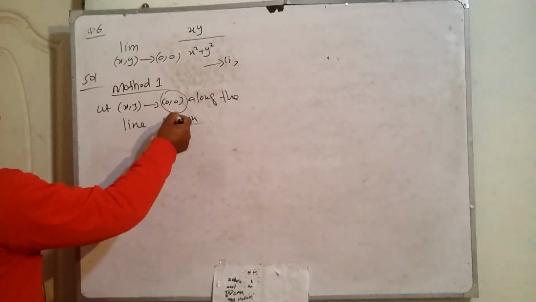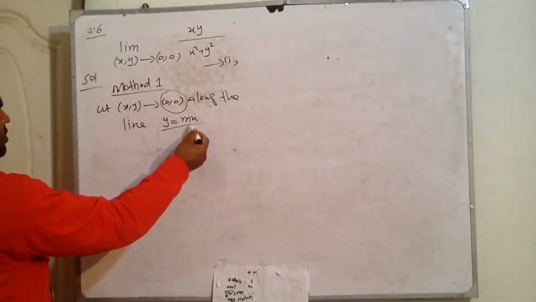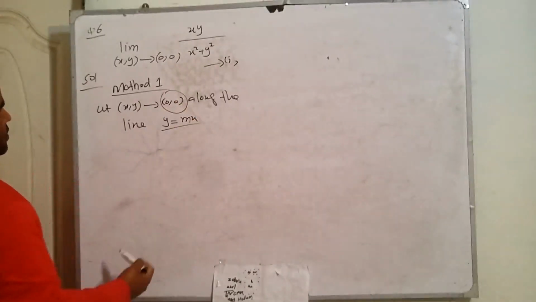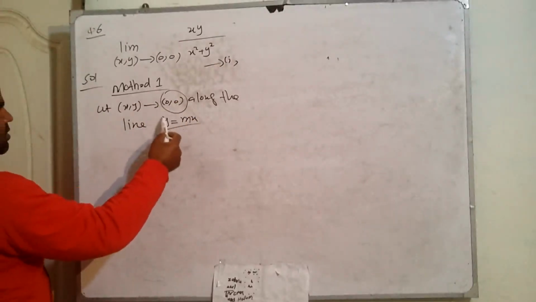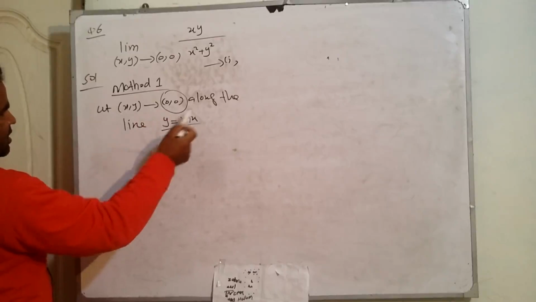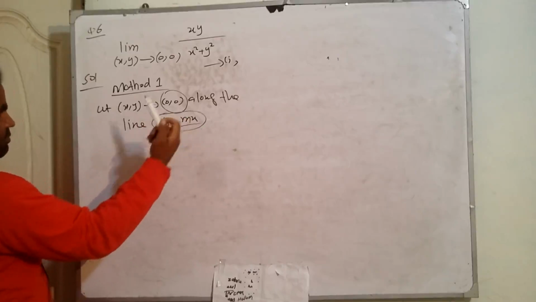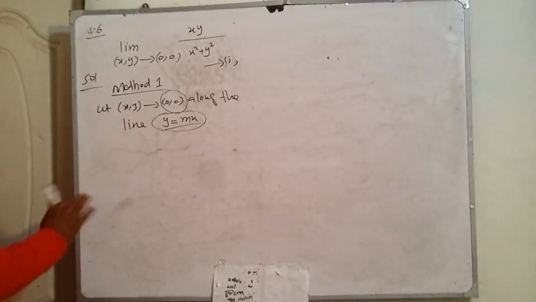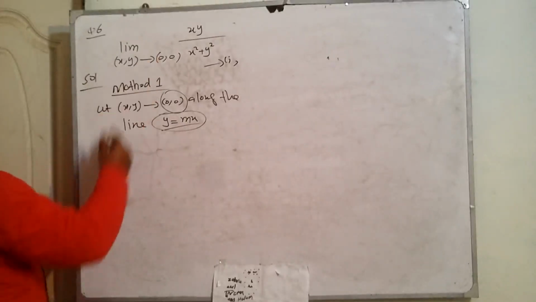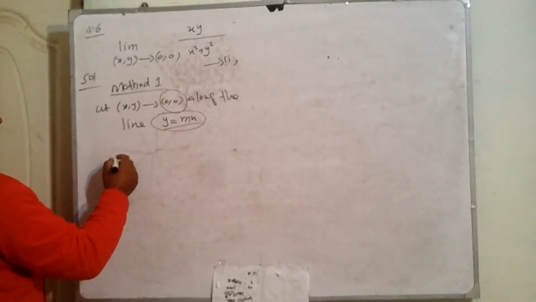This equation is satisfied, because when we put x is equal to 0, y is equal to 0 over here, it will be satisfied. So this limit is the limit along this line y is equal to mx.